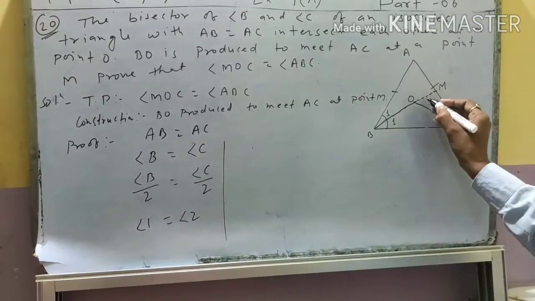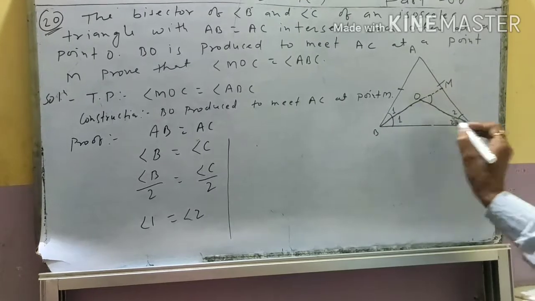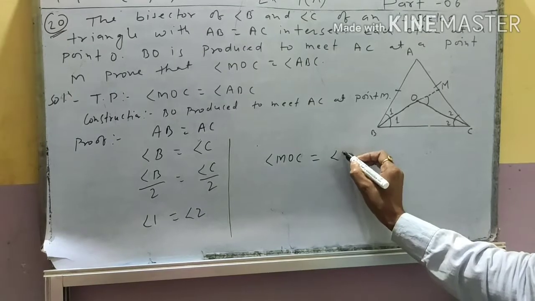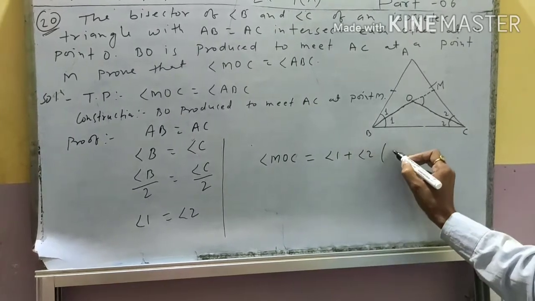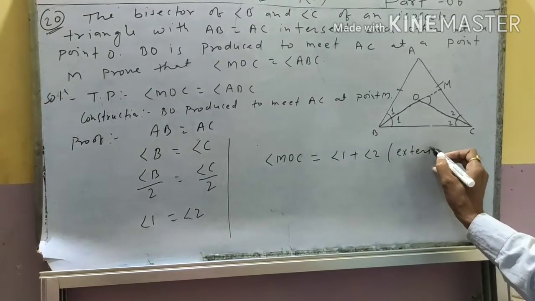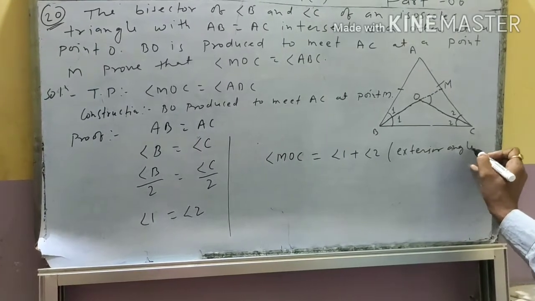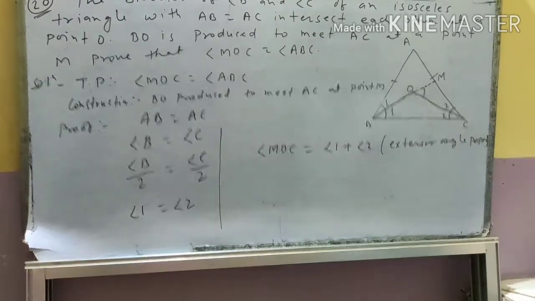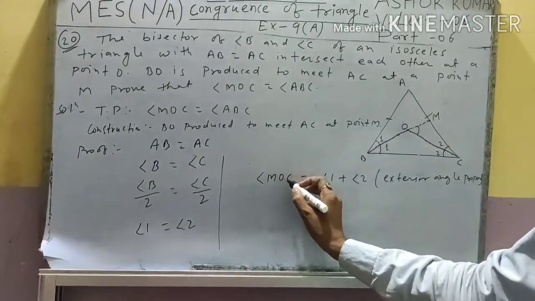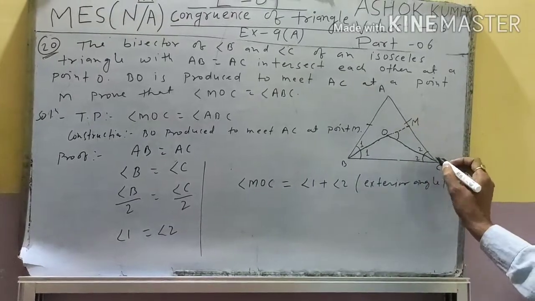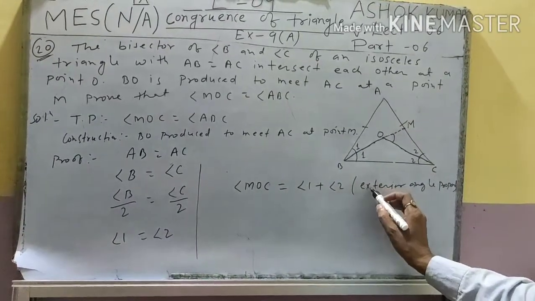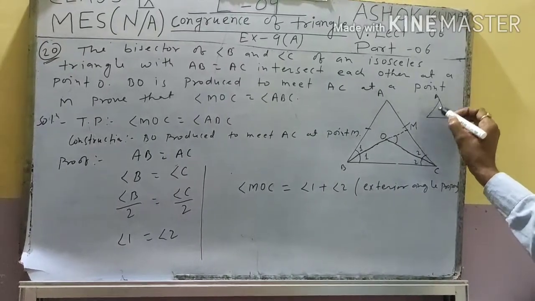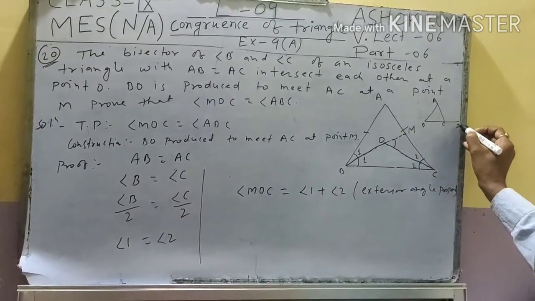The second thing is angle MOC. Angle MOC is equal to angle 1 plus angle 2, by the exterior angle property. Student, remember, ABC is a triangle and D is an exterior point.